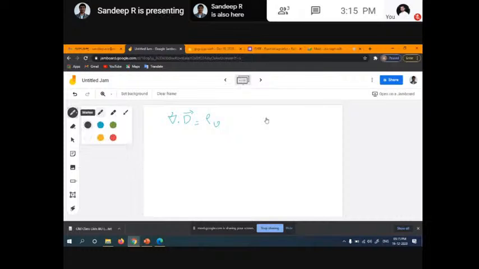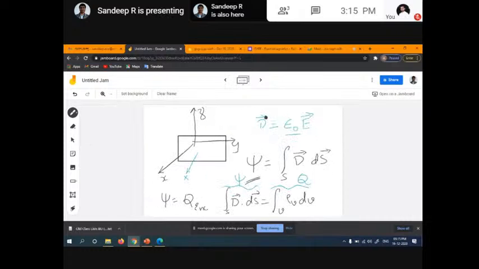Let me write what the Gauss law was. Let me go to the previous slide. Here, on the left-hand side we have the surface integral of D dot dS, and on the right-hand side we have the volume integral of rho v dv. Just now we learned that the divergence of D gives the volume charge density.